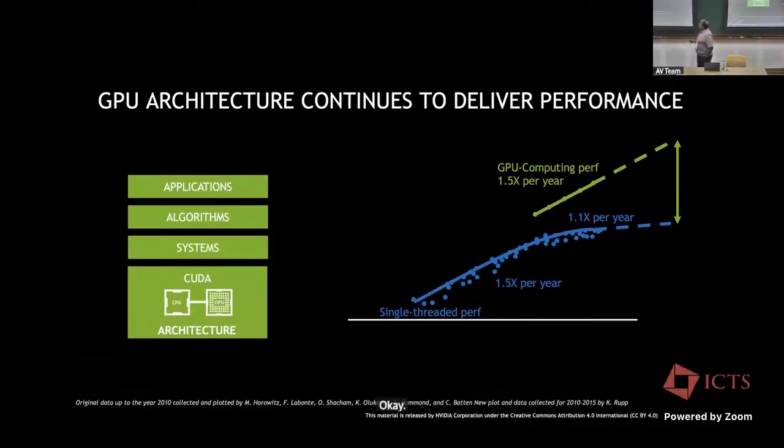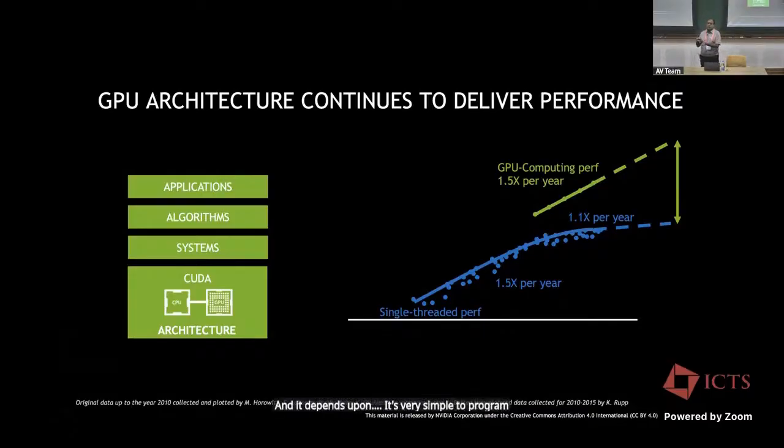The problem with serial programming or even multi-core programming is that performance tapers off. The performance does not keep on increasing. But it's very simple to program.